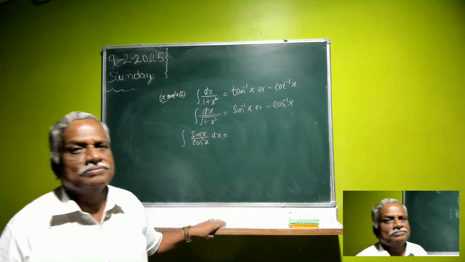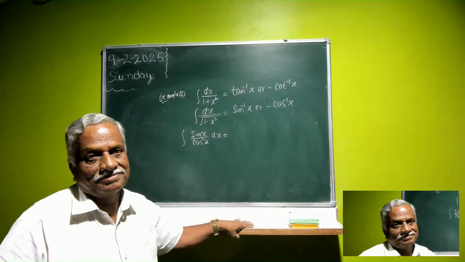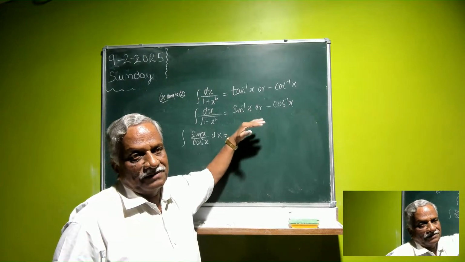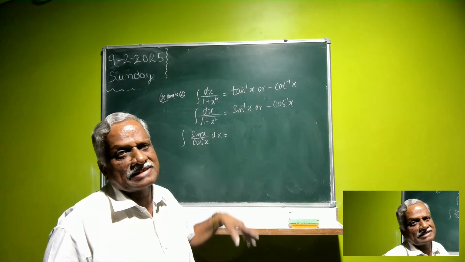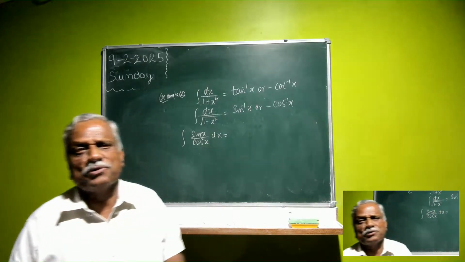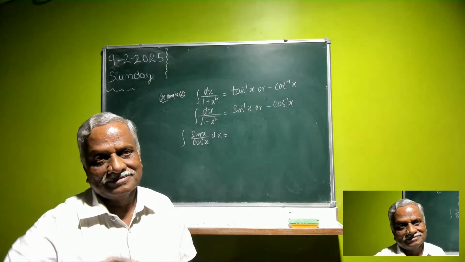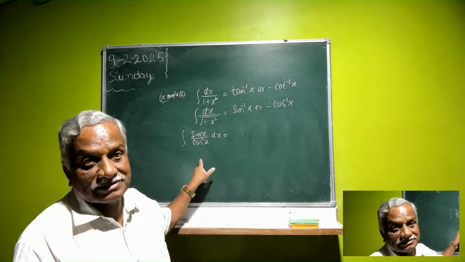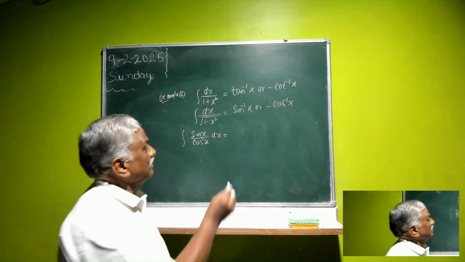Looking at the problem, we cannot write the answer directly, because whatever answer we write, on differentiation I should get this. Getting sin x over cos square x, maybe we might have used the quotient rule, because the denominator has a power. So in such types of problems, what you should do is use trigonometry and simplify.